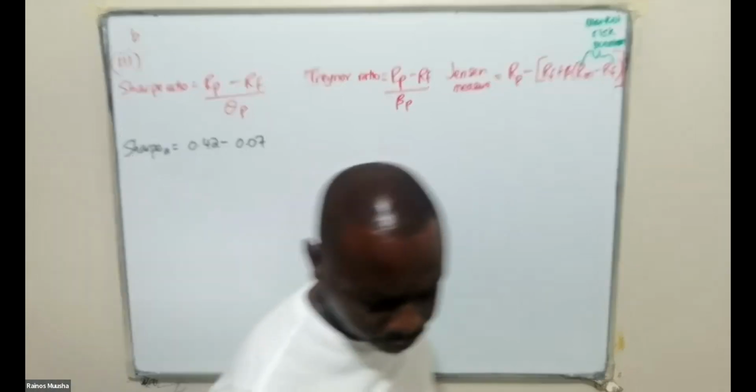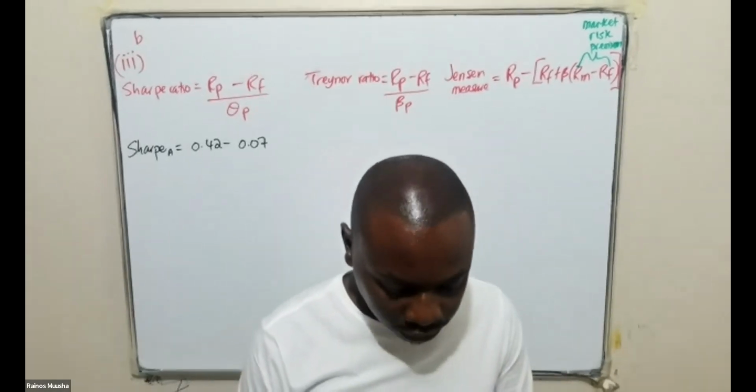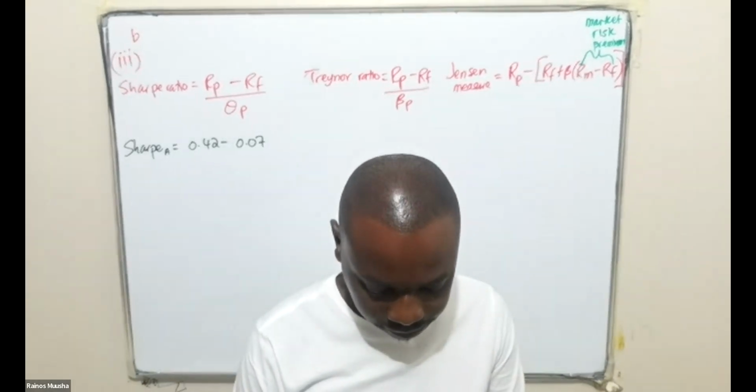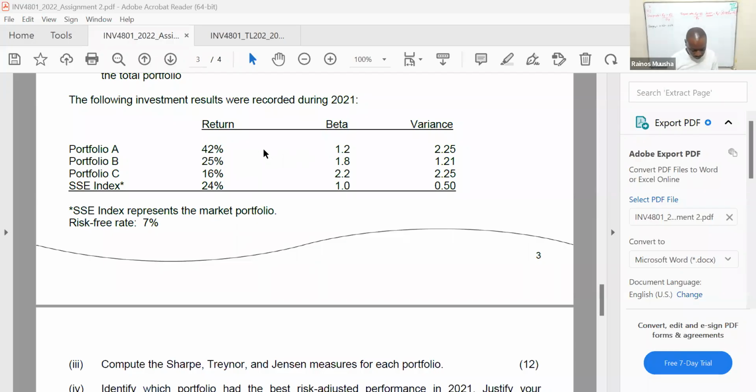If you check on the question, for portfolio A, they just give us the variance being 2.25.